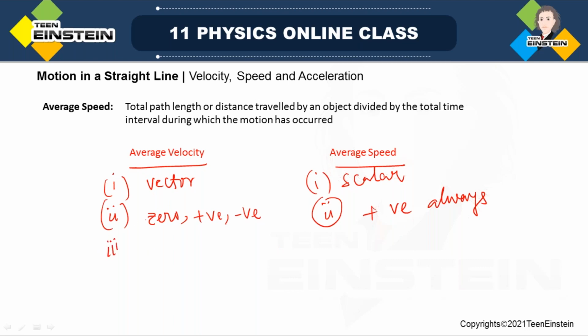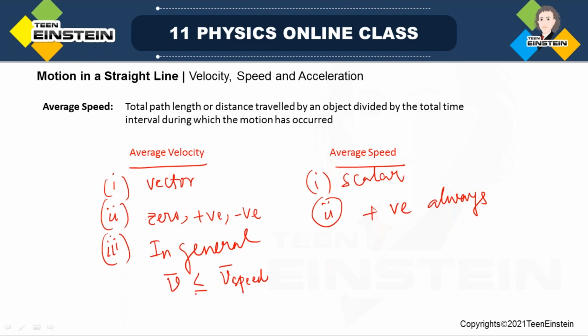See, in general, average velocity is less than or equal to average speed.